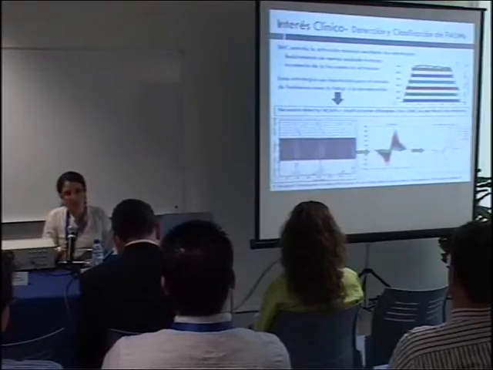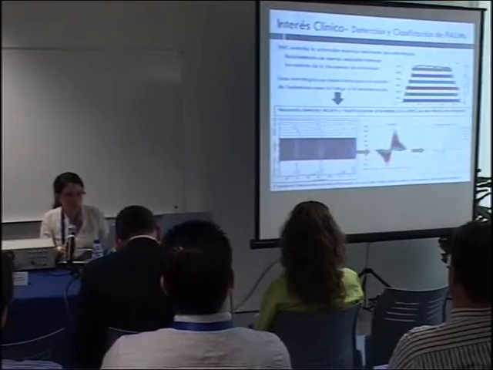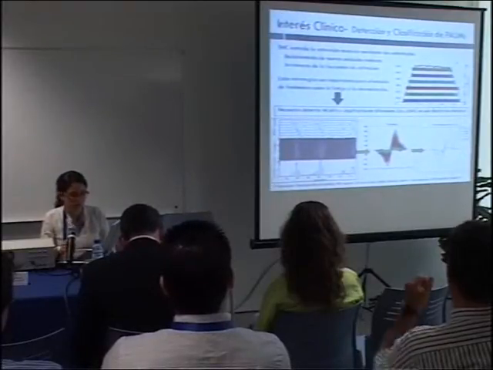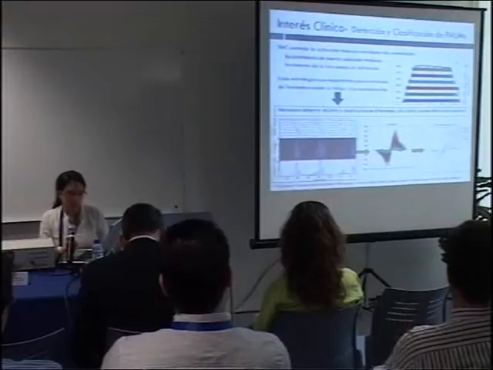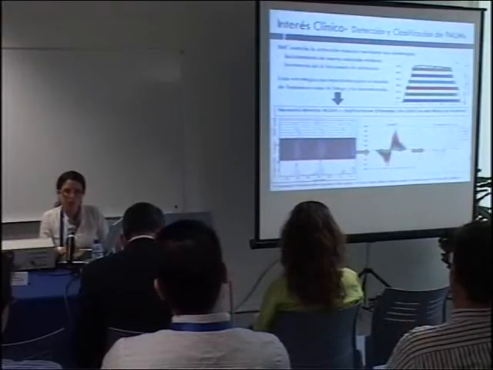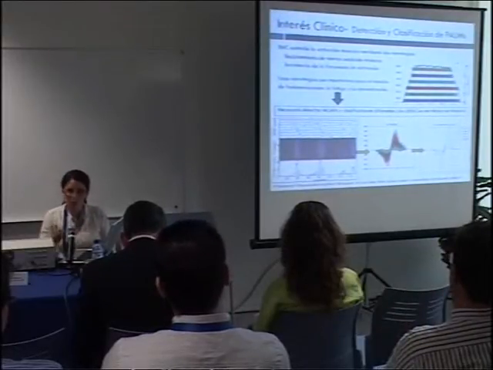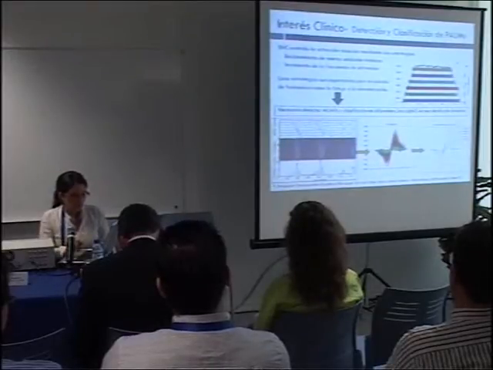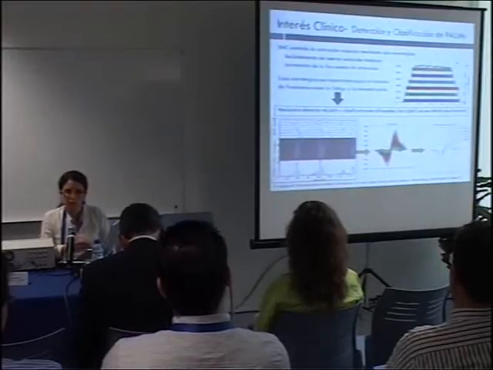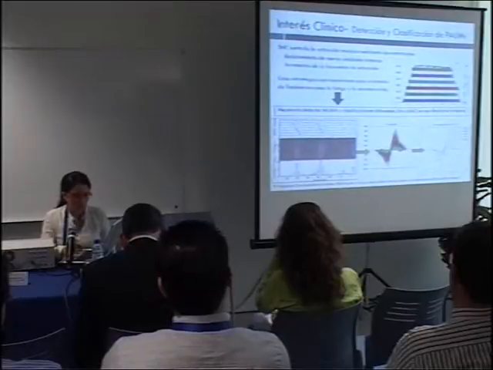Finally, the detection and classification of motor units is also important in order to understand how the CNS works. So we need to identify within the signal the different motor units which are active.